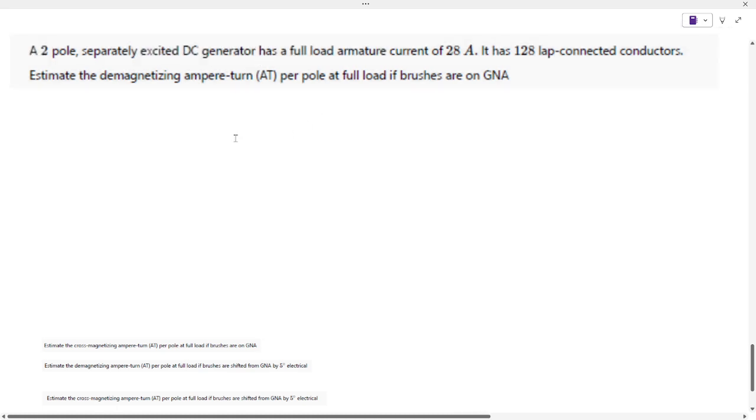A two-pole separately excited DC generator has a full load armature current of 28 ampere. It has 128 lap connected conductors. Estimate the demagnetizing ampere turns per pole if the brushes are on GNA. What do you get by this?